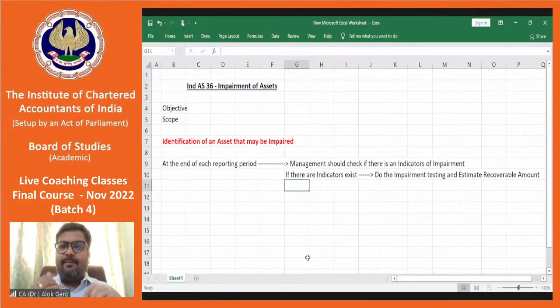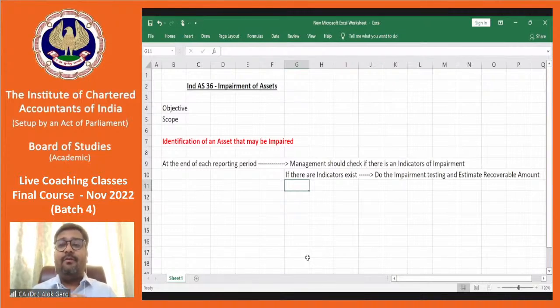amount. For example, COVID was an indicator of impairment for luxury companies, travel companies, hotel companies, restaurant companies, event management companies, right? So for these companies, COVID was an indicator of impairment, and hence the management has to do an exercise: what is my estimated recoverable amount, what is my recoverable value.